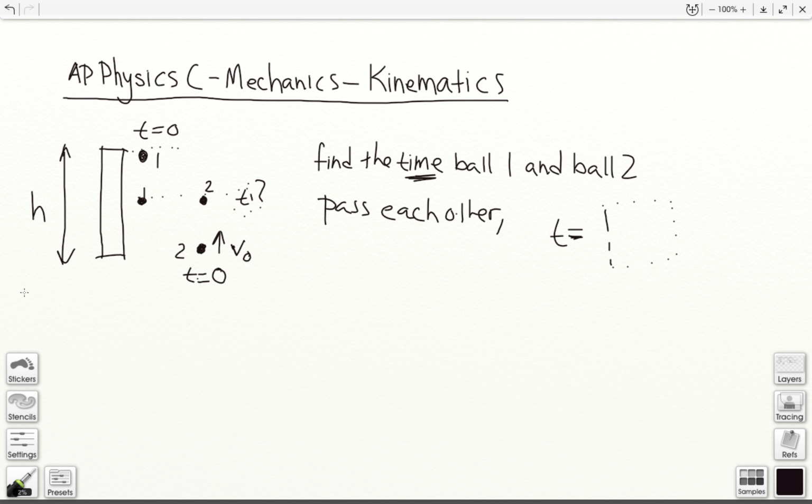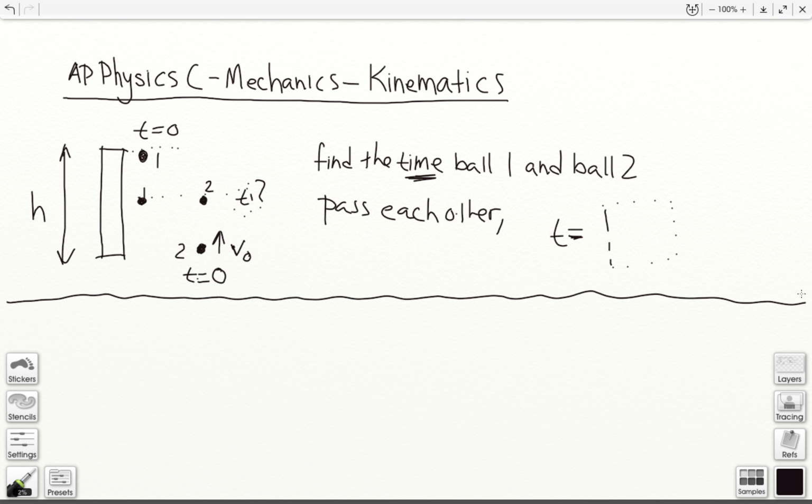Okay, so now we're going to go over the solution to this problem. So over here we have ball 1 and 2, and I'm going to say that at the time this occurs, ball 2 has gone up some amount that we don't know, x. So if ball 2 has gone up x, for 1 and 2 to have passed each other, then this will be h minus x.